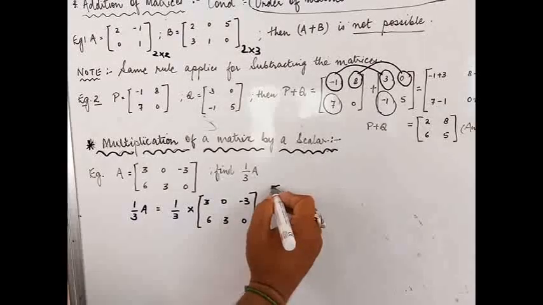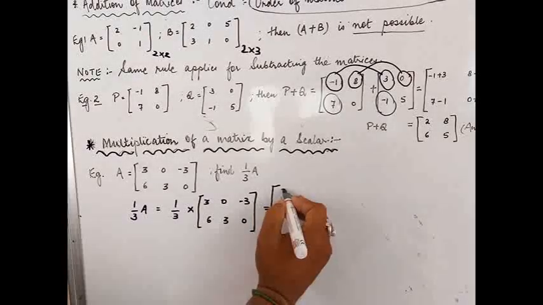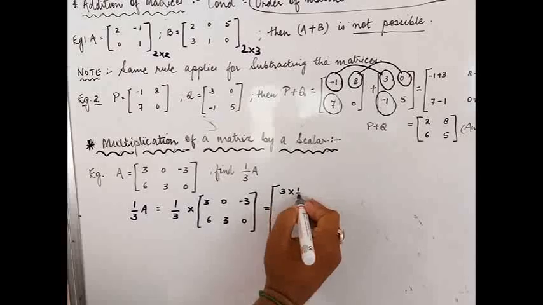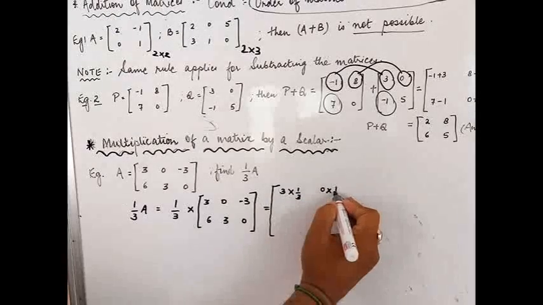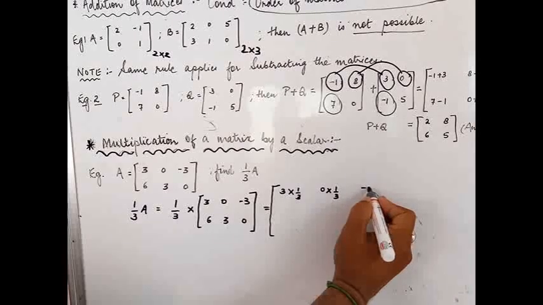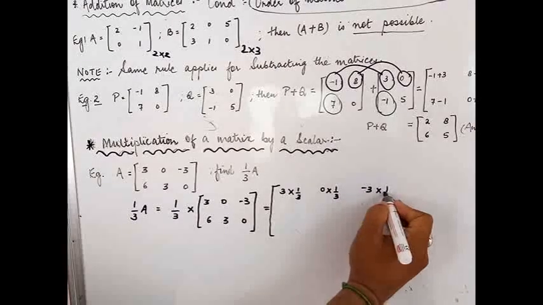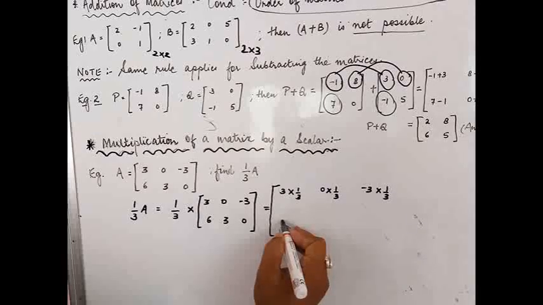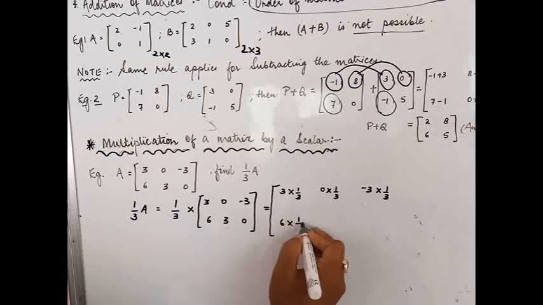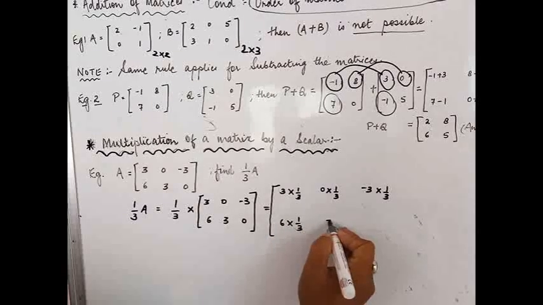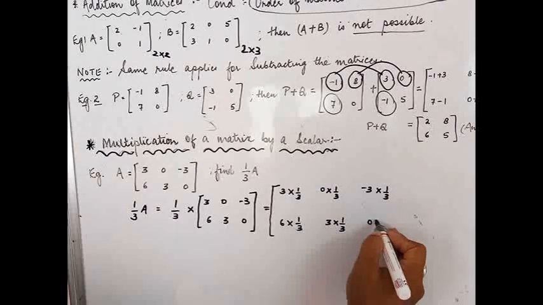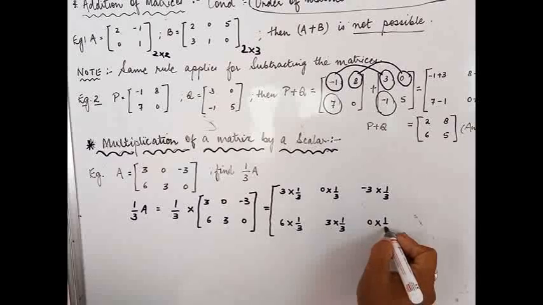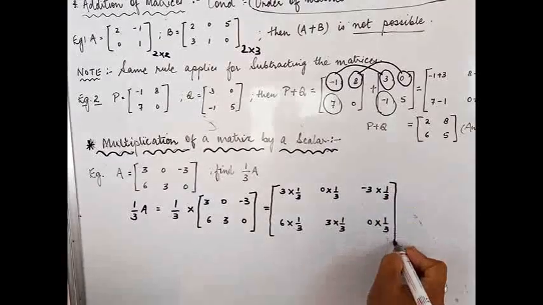Okay, so if I am to represent that over here, 3 will be multiplied by 1/3, then 0 will be multiplied by 1/3, then -3 will be multiplied by 1/3, then similarly in the next row 6 will be multiplied by 1/3, 3 will be multiplied with 1/3, and 0 will be multiplied by 1/3.